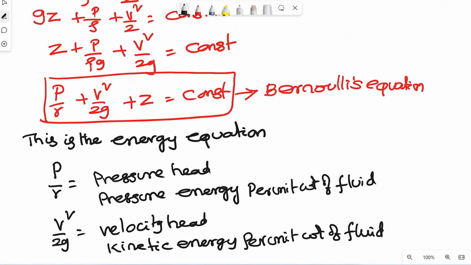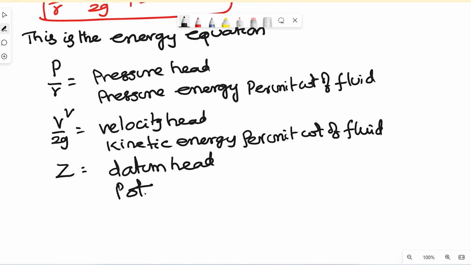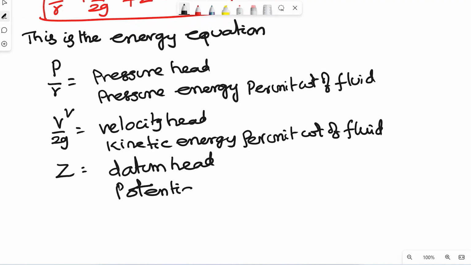Last one, z is called datum head. It is potential energy per unit weight of fluid.